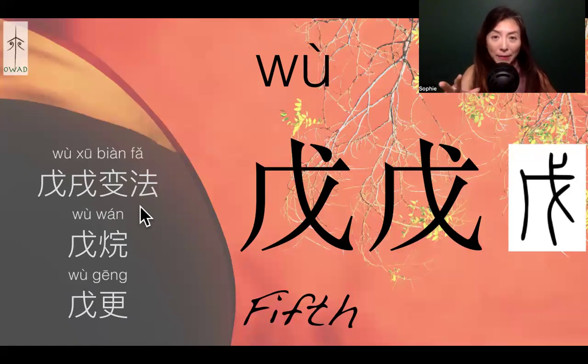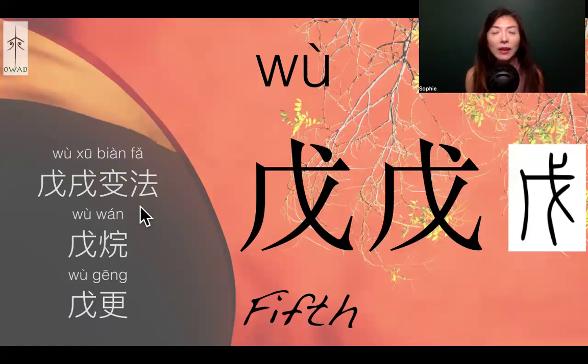So this young emperor tried to do the same. In 1898, it was attempted, but of course the old powerful ruling mechanism wiped them out. So that's 戊戌变法.